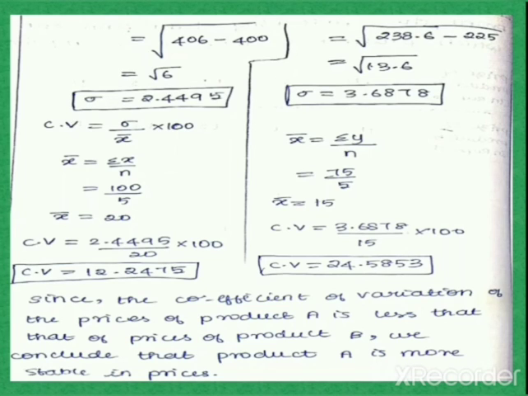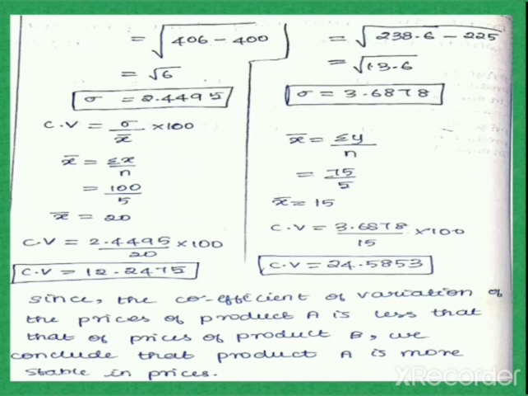And then you have to find for the product B price, where x bar is equal to summation y by n. If we substitute summation y, 75 by 5, it is equal to 15. So in the coefficient of variation formula, we substitute our sigma value 3.6878 divided by x bar, which is 15, into 100. If we solve this, you will get CV equal to 24.5853.